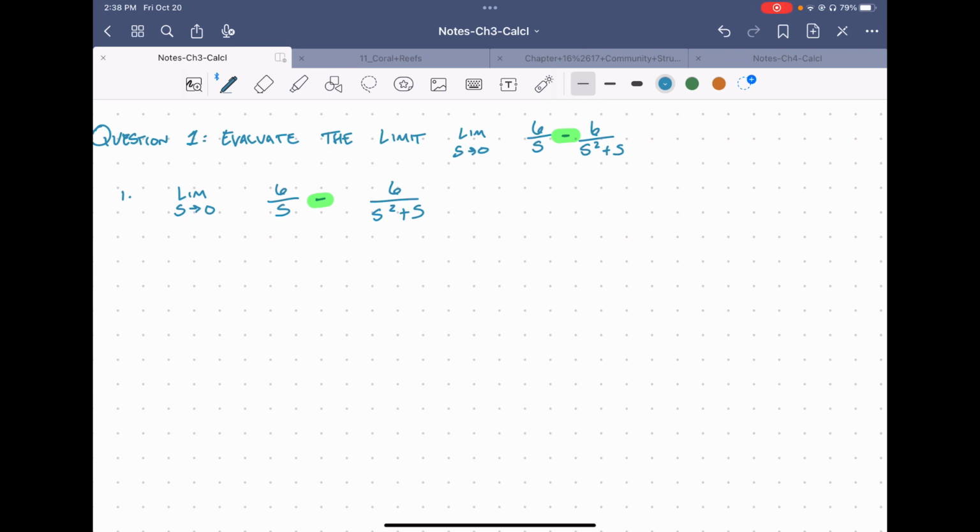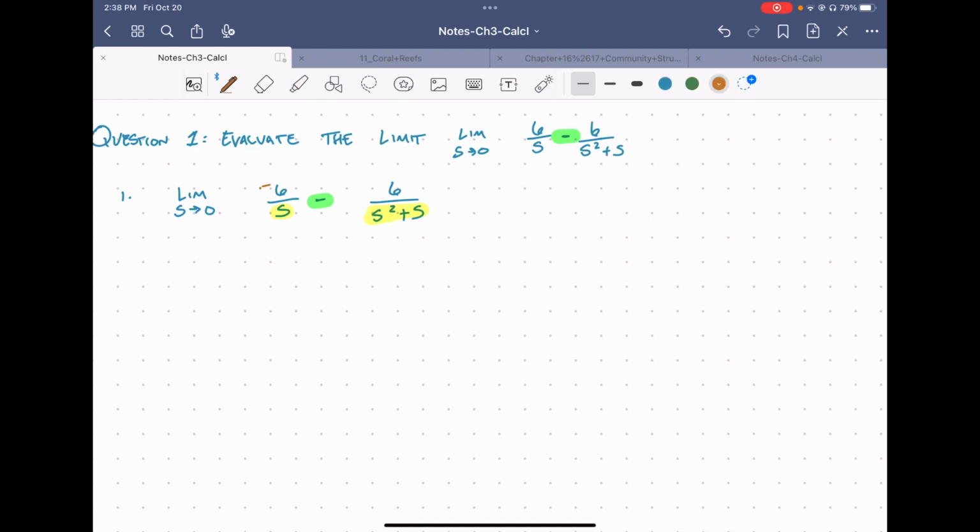And seeing that subtraction sign, I can tell what my next step will be, which is to find a common denominator between the two. So each term, this is the denominator, and we're going to want to make them match up.